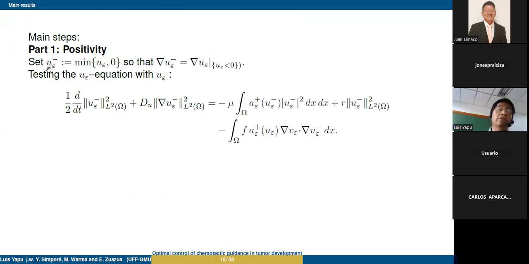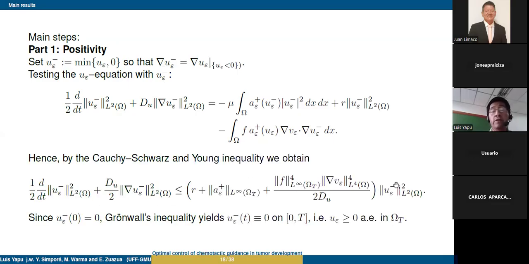We have to show the positivity of the solution. So we take u epsilon minus as the negative part, and we will show that the negative part is 0 using energy estimates. So we take the negative part, we test the function, and we get this inequality using standard energy estimates, Cauchy-Schwarz, Young inequality.